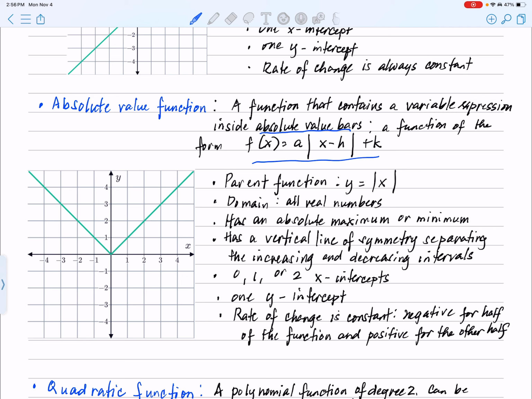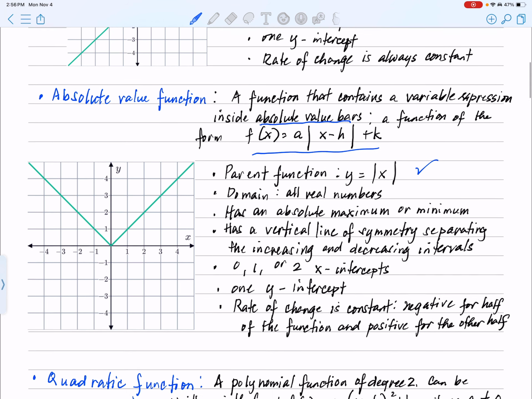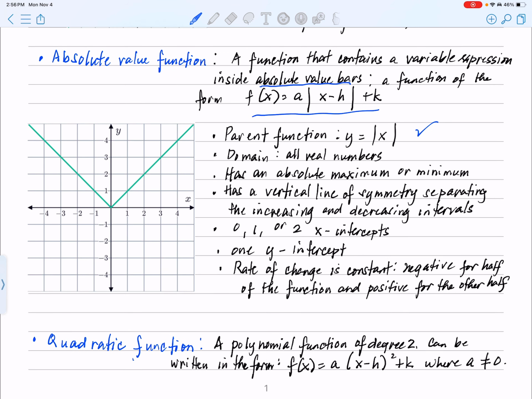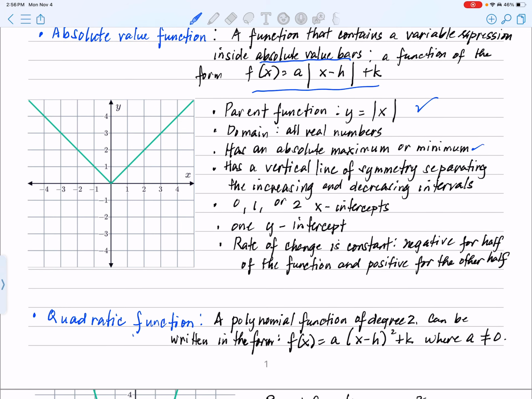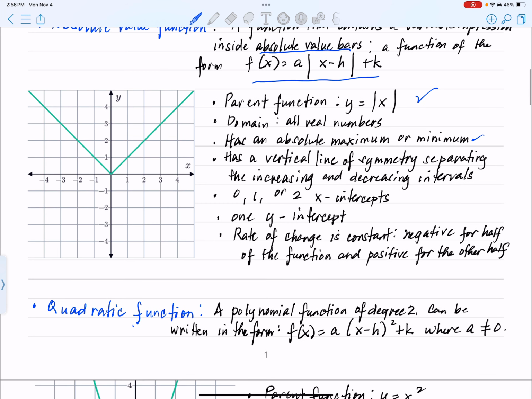The parent function is y equals the absolute value of x. The domain is all real numbers. It has an absolute maximum or minimum, and a vertical line of symmetry separating the increasing and decreasing intervals. It has 0, 1 or 2 x-intercepts, 1 y-intercept, and the rate of change is constant: negative for half of the function and positive for the other half.